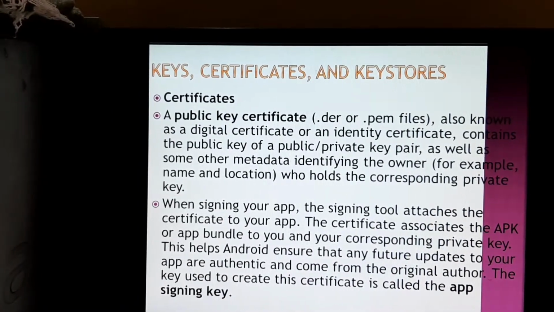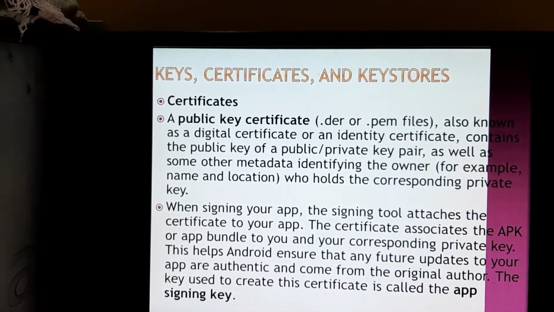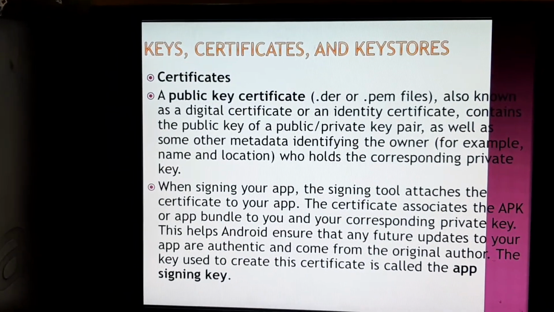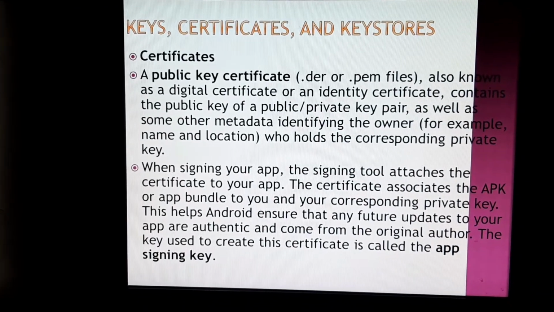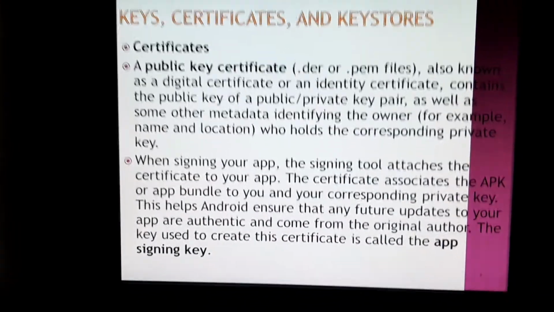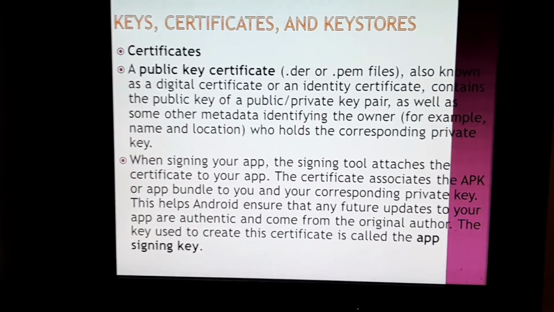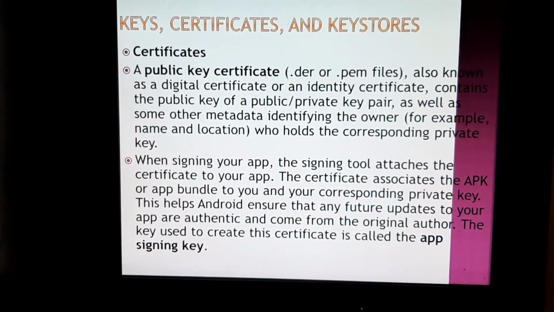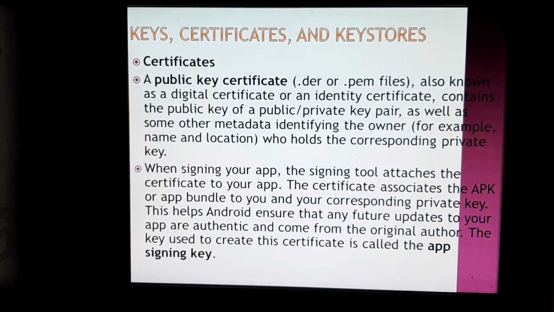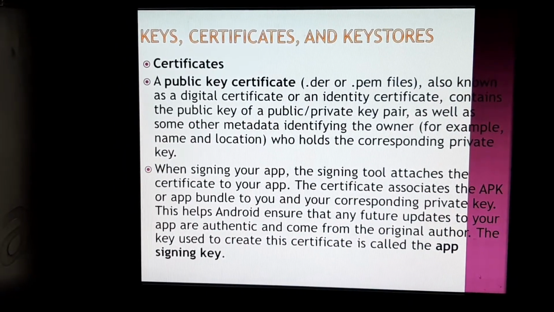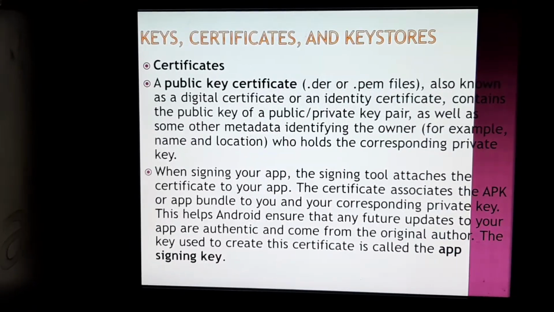The key used to create the certificate is called the app signing key. You can download the certificate for your app signing key and your upload key from the app signing page in the Play console in order to register your key with an API provider.